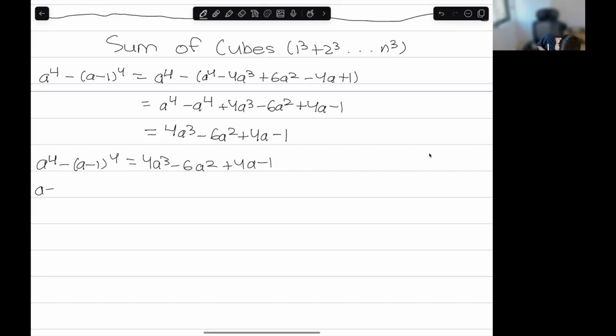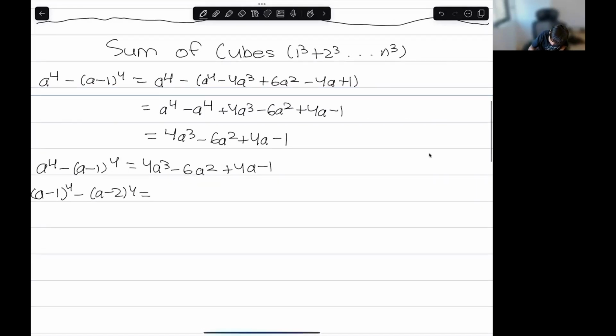So now we do a minus 1 to the fourth minus a minus 2 to the fourth, which is equal to 4 times a minus 1 cubed minus 6 times a minus 1 squared plus 4 times a minus 1, minus 1.